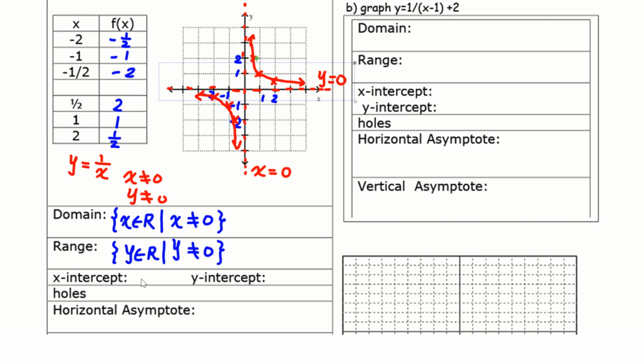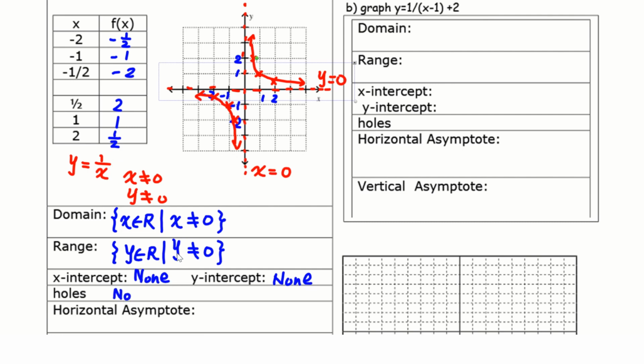The x-intercept: none. There's no point of intersection with the x-axis, and also no point of intersection with the y-axis. So the y-intercept: none. The holes: there is no factor cancelled out, so there are no holes.